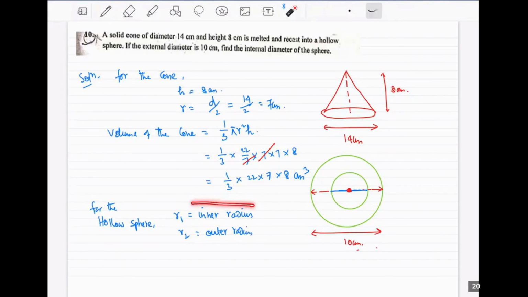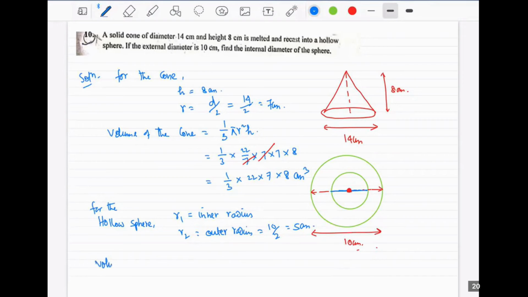Look, the inner radius we don't know. There is no possible way to find it out from the question unless we solve it, right? So the outer radius we can find out by the given value. The outer diameter is 10 centimeters. So for the outer radius, you have to divide the diameter by 2. So 10 by 2, how much will it be? 5 centimeters.